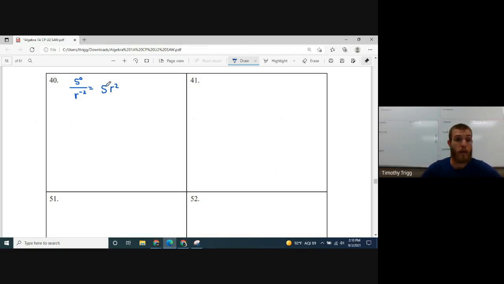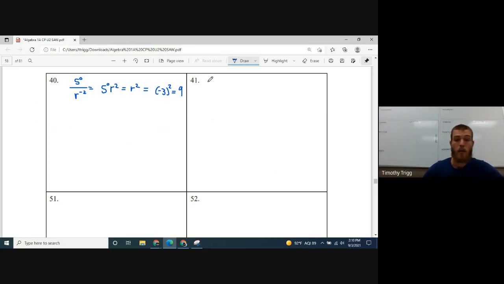So this becomes 1 times r squared, which is just r squared, because this s to the power of 0, doesn't matter what s is, this will become 1. And as we discussed, r is negative 3, so this becomes negative 3 squared. That means negative 3 times negative 3, a negative times negative, that's positive, positive 9 in this case.